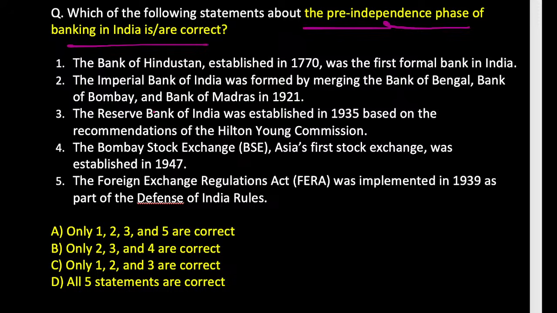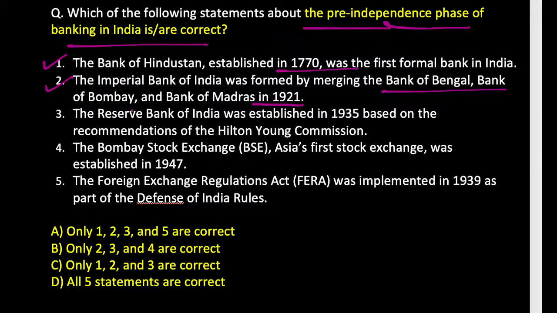Others also, guys. So Bank of Hindustan, first bank in India, 1770, 100% true. Imperial Bank of India was formed by merging three banks, Bank of Bengal, Bank of Bombay and Bank of Madras in 1921. Later on it got nationalized under the SBI Act and became known as SBI.